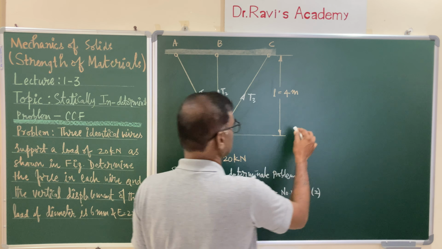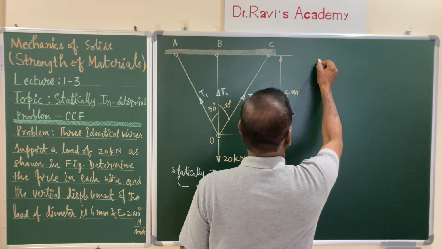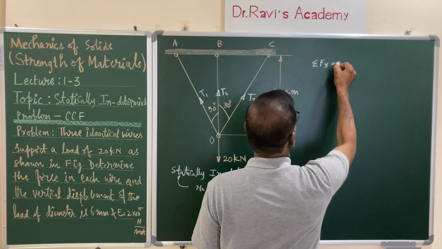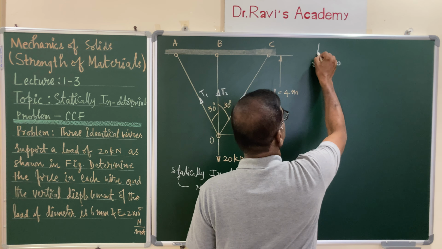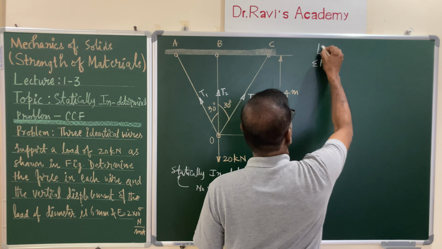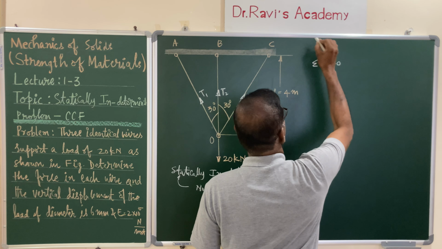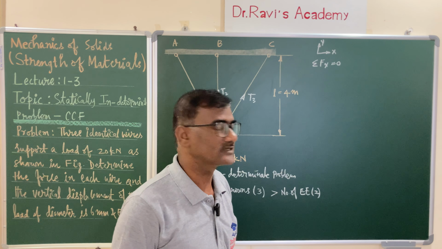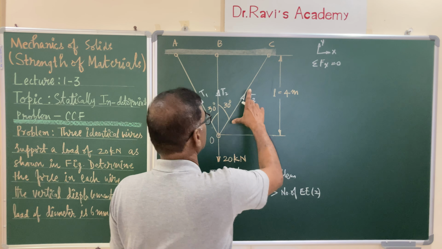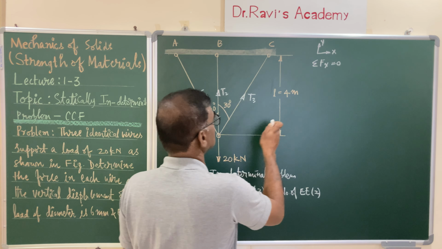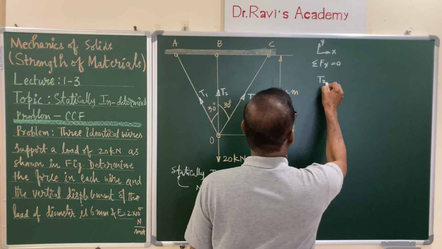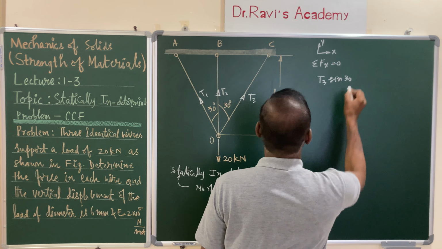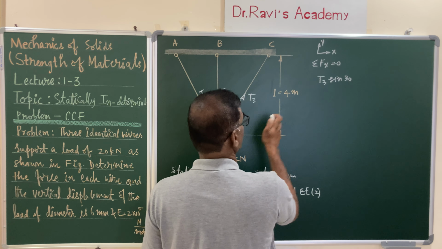You can write the equation of equilibrium. First you write sigma fx is equal to 0, sum of all the forces along the x direction. The notation is the force pointing to the right is positive, and to the left, in the direction of x prime, is negative. Here this component is T3 sine 30, and it is positive.